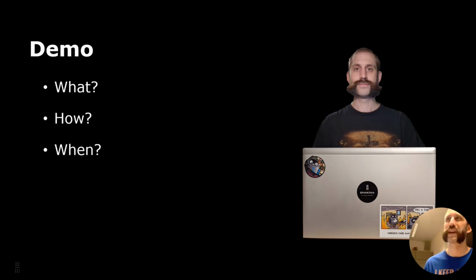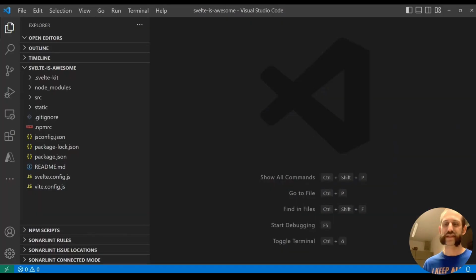So let's have a quick demo on what comes with this demo app. Let's look at the what, how, and when. So this is our Svelte is awesome demo app. We have a few folders here, .svelte-kit, so I guess we don't need to touch that.